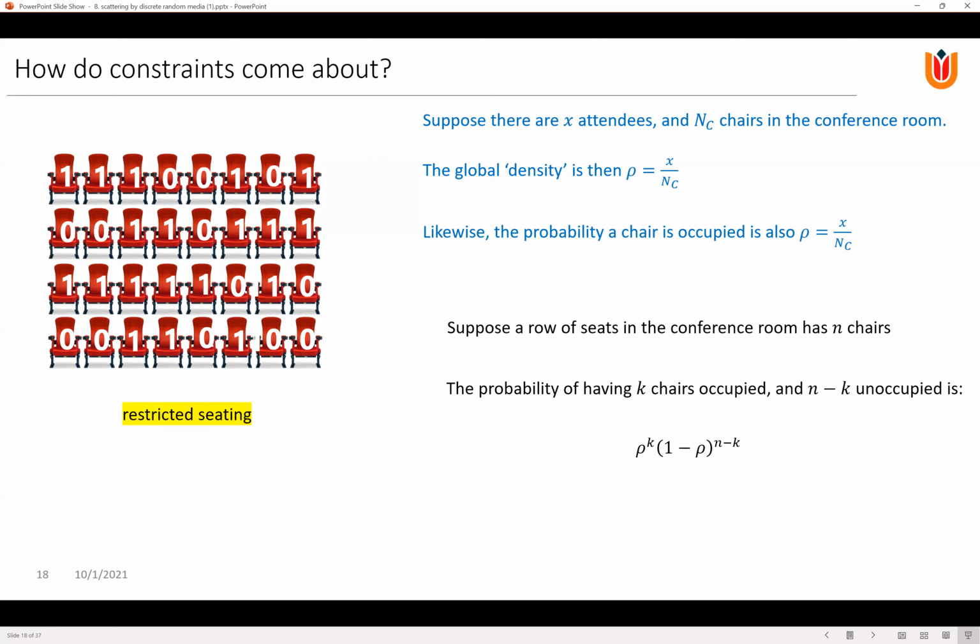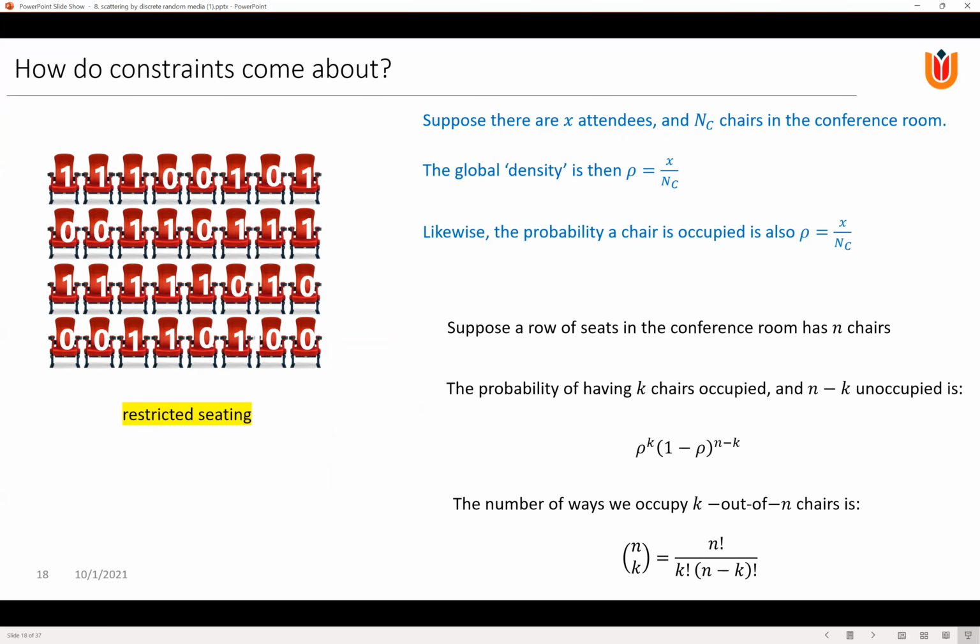If that row in the room has n chairs, then the probability of having, and this is the binomial distribution, k of them filled and n minus k of them not filled is given by this expression. And then we have a few ways of organizing that.